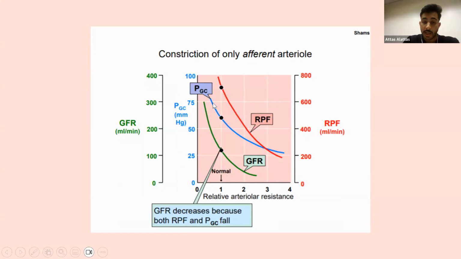So, let's see the net effect of each of these two. If we decrease the hydrostatic pressure, what do you think the GFR will be? Will it be increased or decreased?